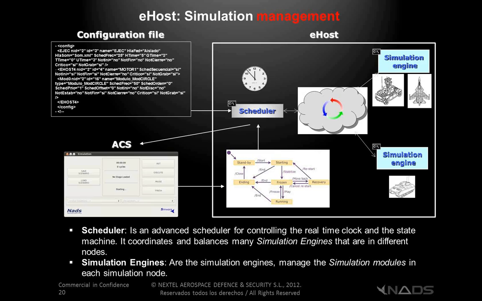The second thing is that it's going to order the loading and unloading and creation of new simulation models. And these models we have made with the SimDeveloper. And the third thing is that it's going to command the state machine. It's going to say, okay, now stop, now start, now whatever.